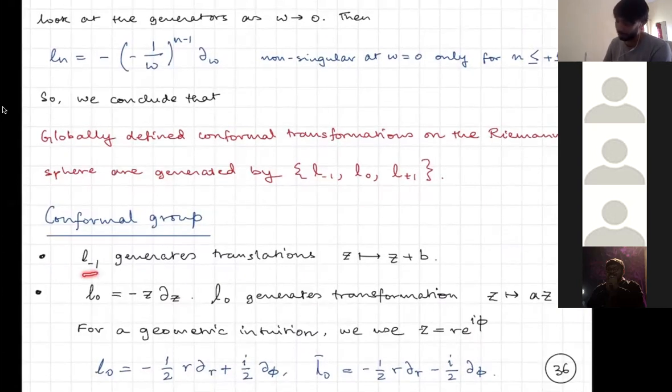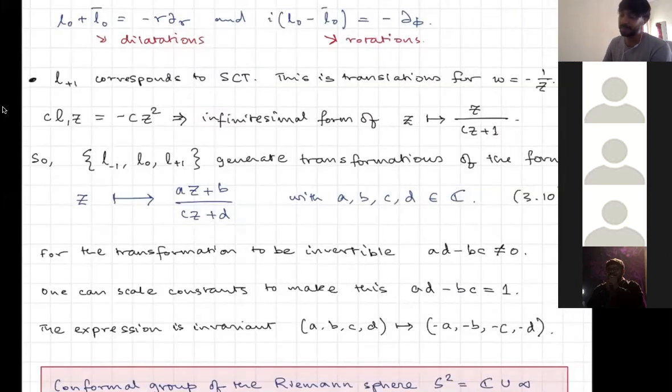So L_-1 gives you translations. L_0, when you write z as r e to the i phi, gives you that L_0 plus L_0 bar are your dilatations, and L_0 minus L_0 bar are your rotations.